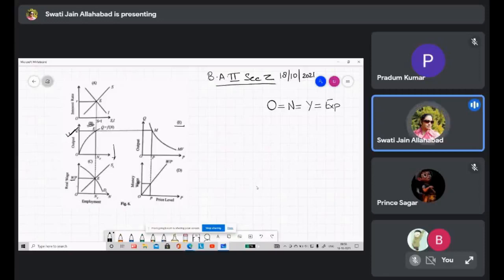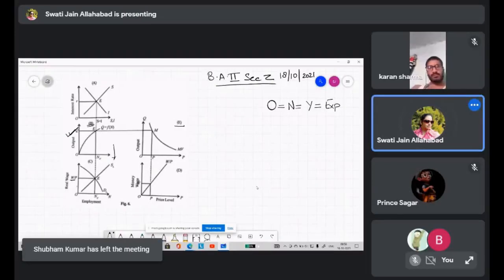So what we are doing here is taking the level of output from the B part to this E part, and then we are showing this MV line is the demand for money. Okay, supply is given. It is again assumed that supply is given and is determined by the central bank of the country.